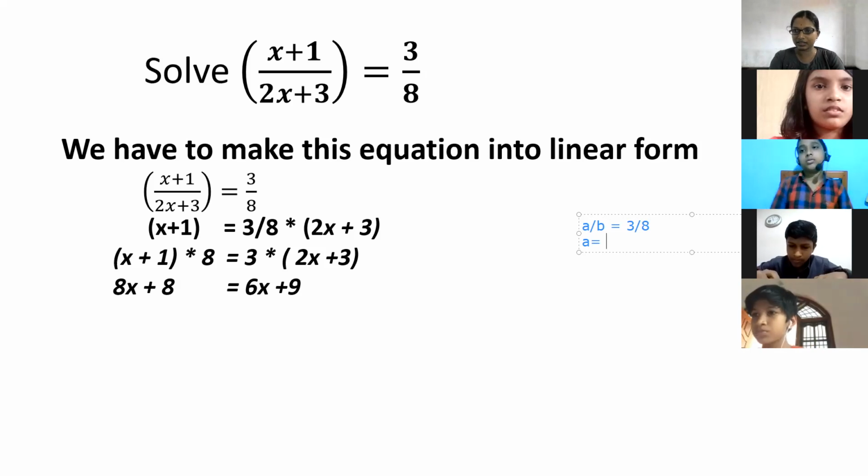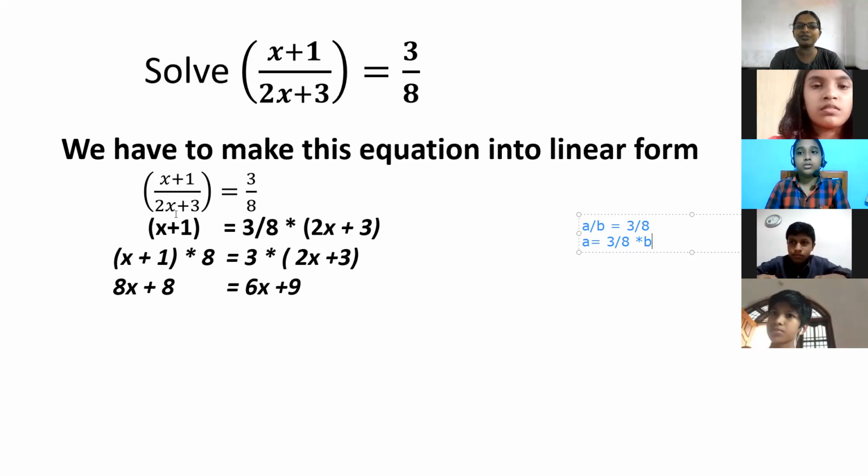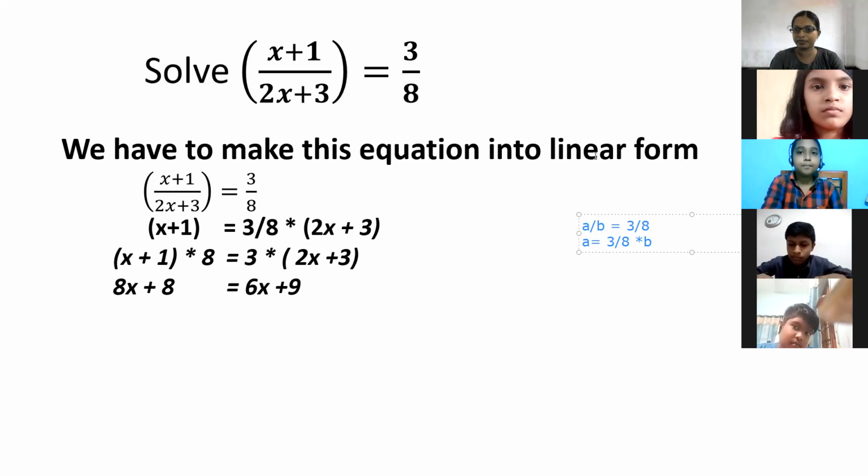We already have 3 by 8 in RHS and we have to move this b to RHS. Here b is dividing and that's why in RHS it should be multiplication. Is it clear? Here instead of a and b, in the place of a we have x plus 1 and in the place of b we have 2x plus 3. Okay. And Maria, got it?